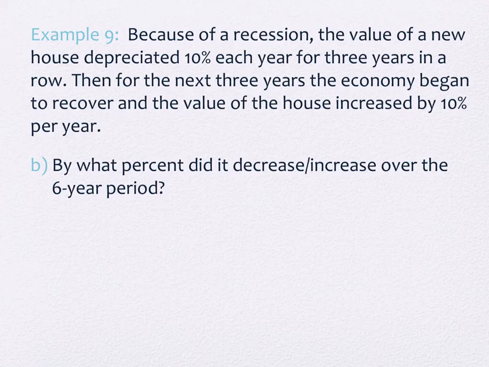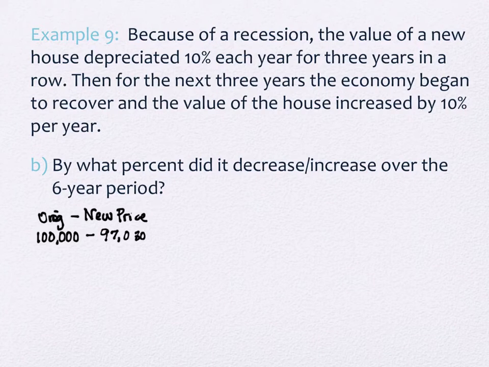So the original price minus the new price is their decrease, right? So the original price was $100,000 for the particular scenario that we created, minus the $97,030. So the actual value that they lost on the house was what?